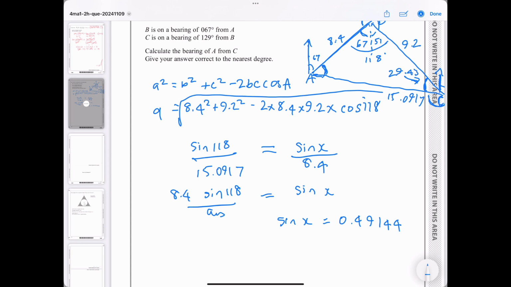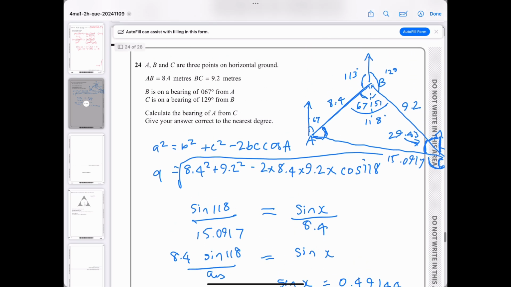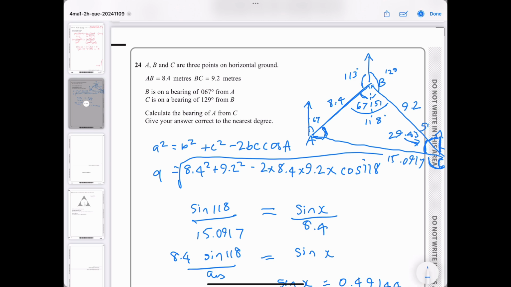So therefore, if you take that away from, that doesn't completely work, because I don't know what this one is here. And how would I find that out? I can find that out, because that's 129. So if that's 129, that is 51.